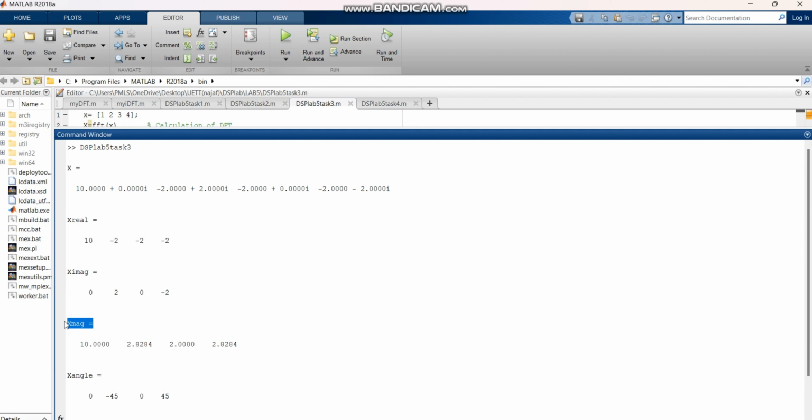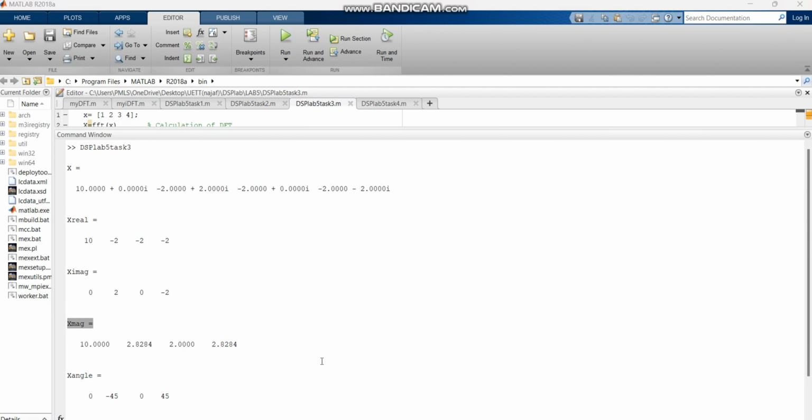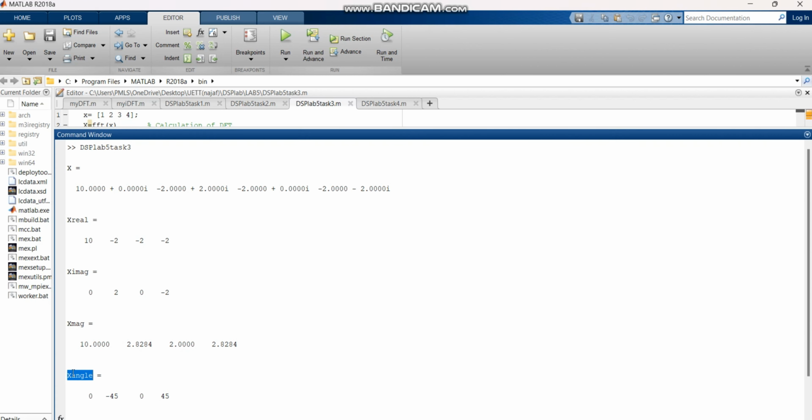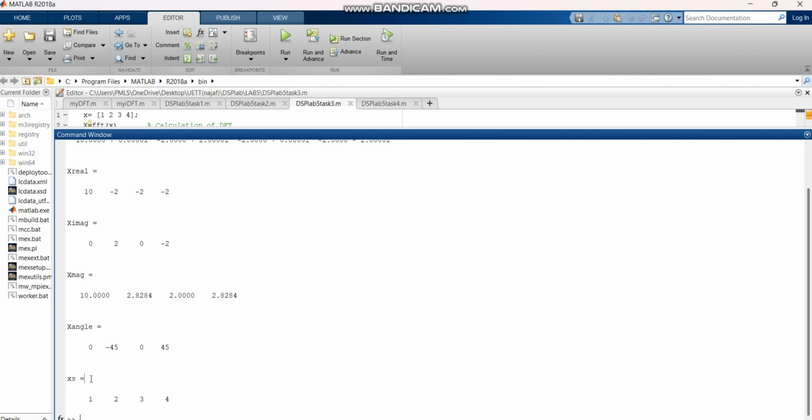X magnitude computes the magnitude of the frequency spectrum, and x angle computes the angle of the frequency spectrum. Finally, xs computes the inverse discrete Fourier transform of the frequency spectrum, and the original time domain representation is obtained in xs.